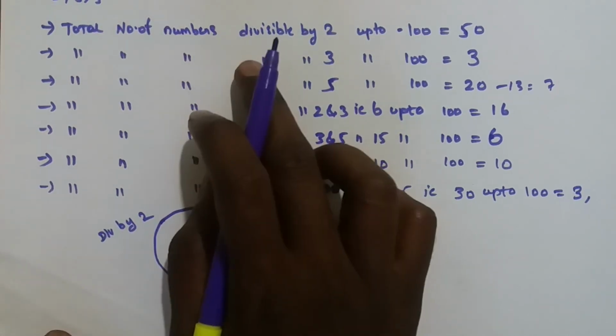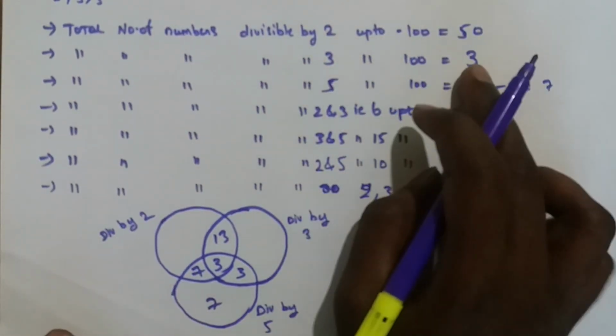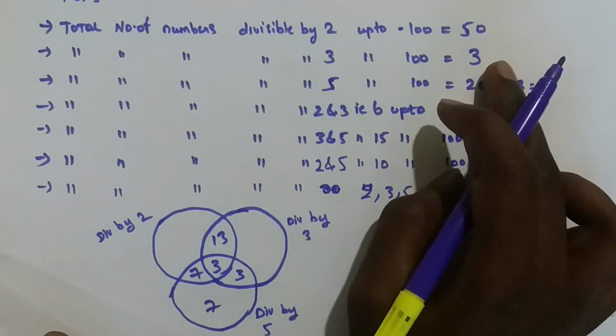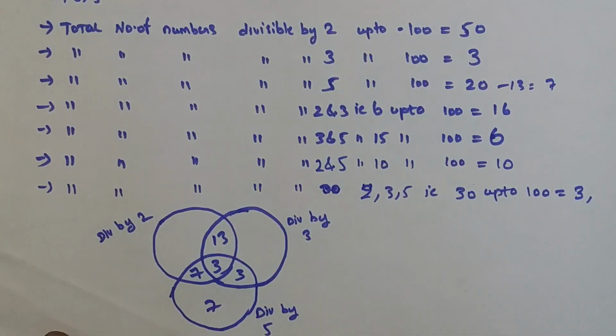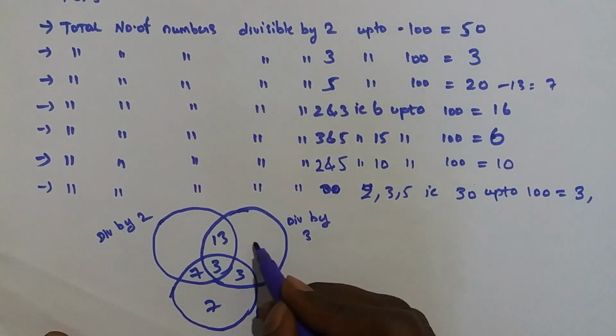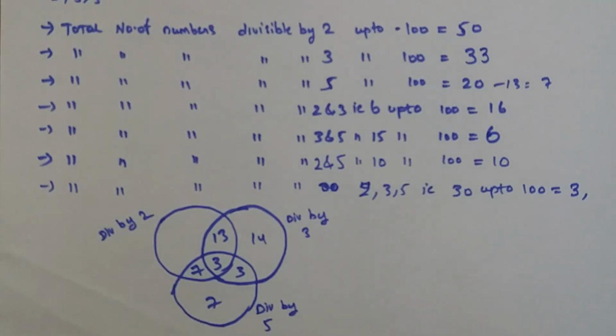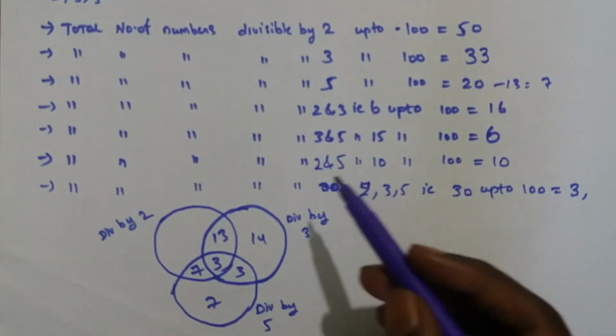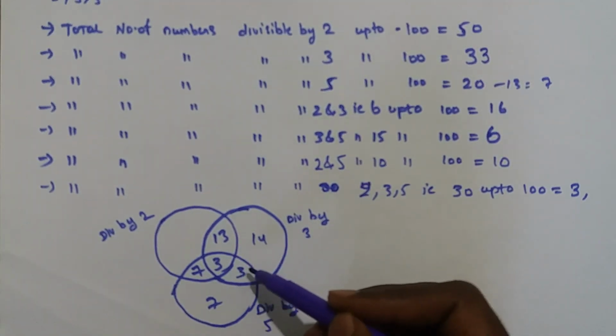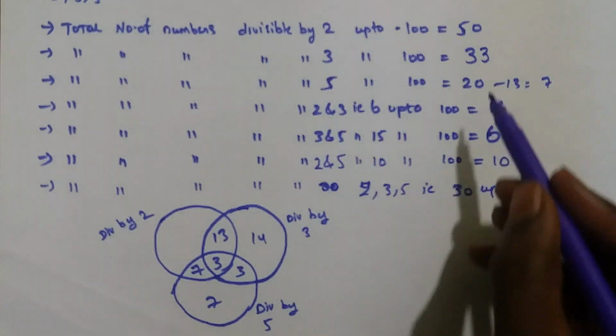Now total numbers divisible by 3 up to 100 is equal to 33 times, right. Now we will get the answer here. See here, the value is 33, okay. 13 plus 3 is 16, 16 plus 14 is equal to 33, right.